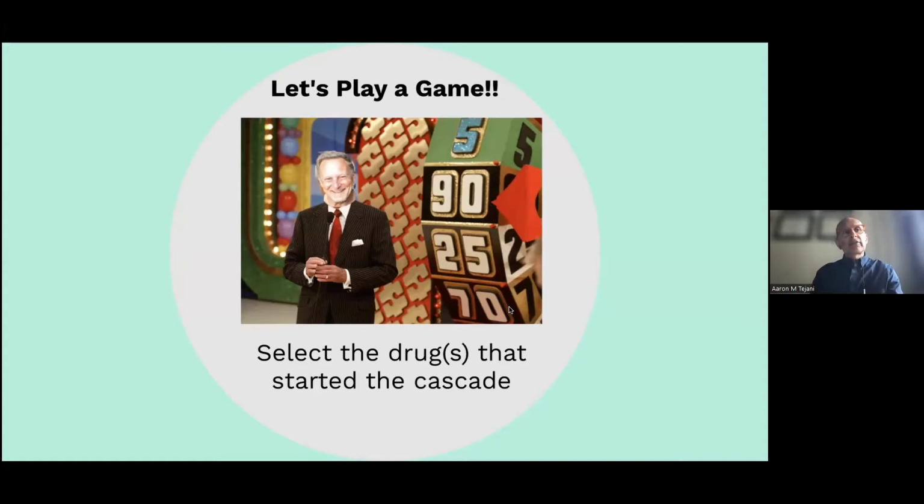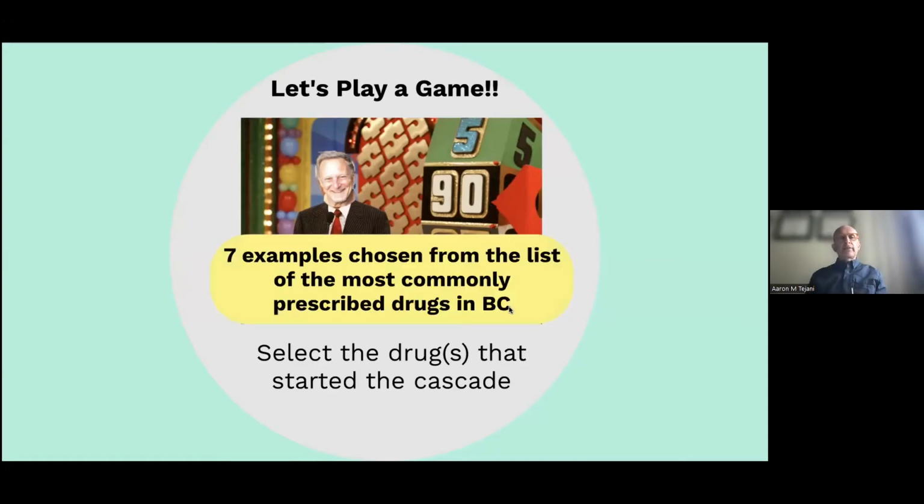So what I'm going to do is show you some scenarios, and you're going to try to think about what drug started that cascade, and then enter your thoughts in the chat. And I'll try to take a look. What we did was we took the top 100 drugs that are prescribed in British Columbia in the last year.